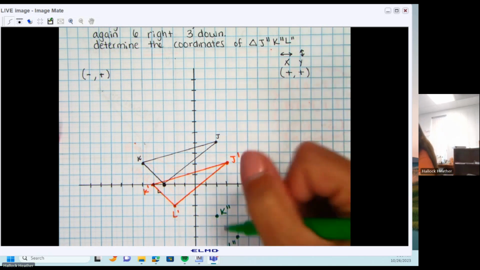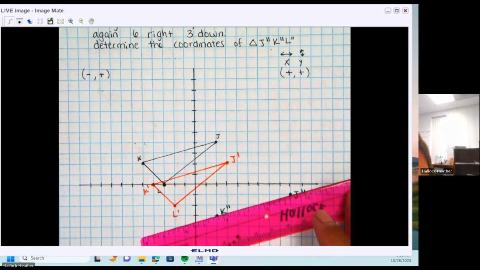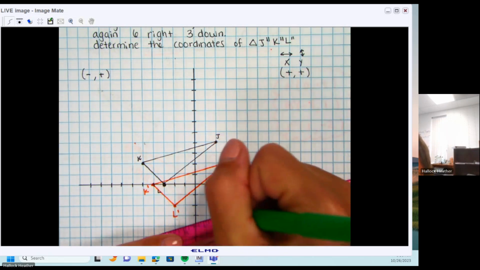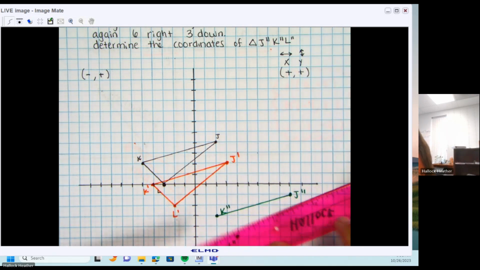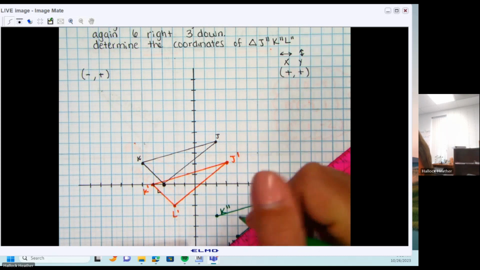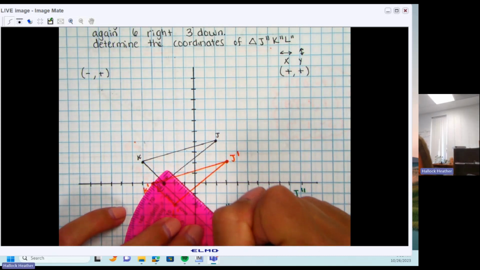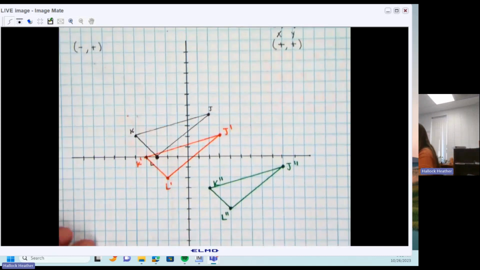The reason it's double prime is because it was moved 2 times. No matter how many times I move it, I should have the same triangle in the end.